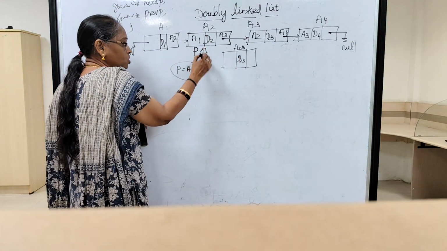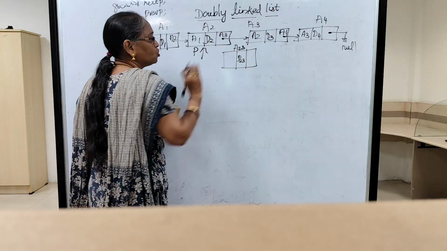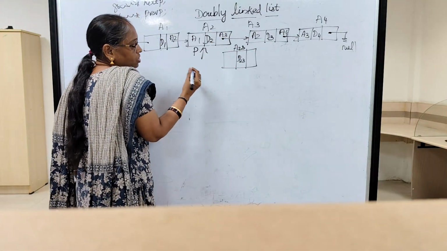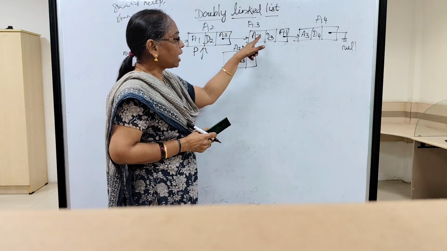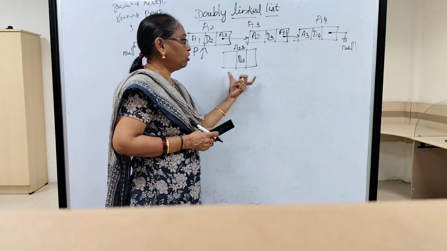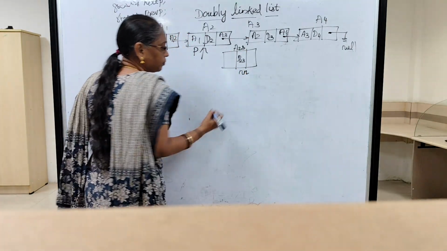So imagine I am standing here and I am going to add this node in between these two, A2 and A3. So what I can do is, first I have to copy properly, right? So first I can copy these two values into this node so that the loss of data will not happen. So consider this is my new node NN.